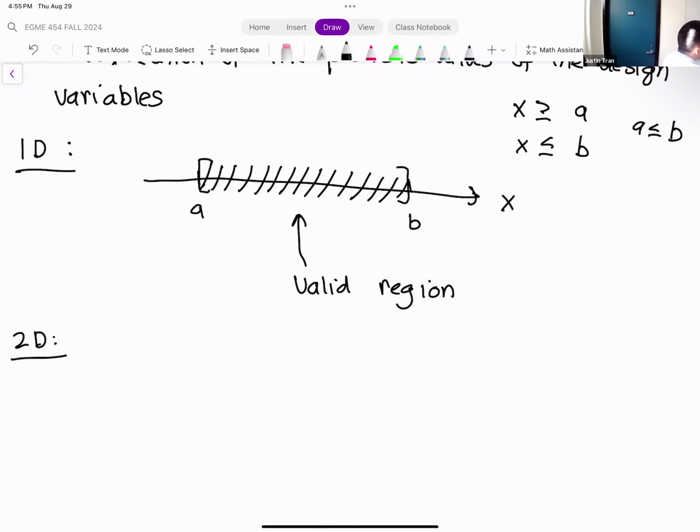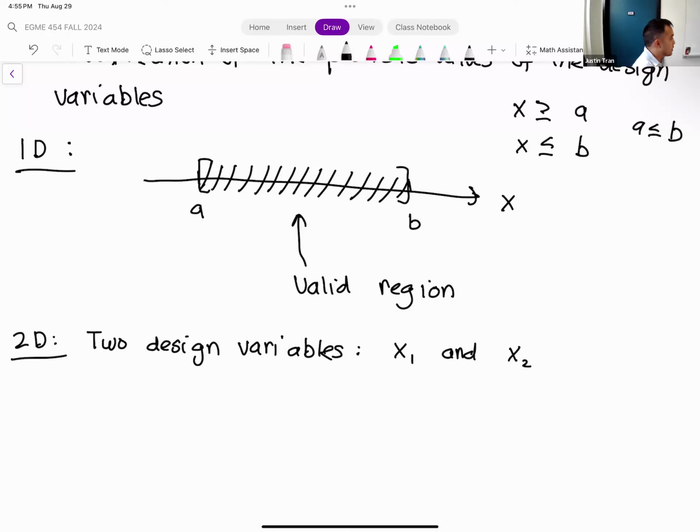But in 2D, it really becomes valuable. In 2D, remember, we have two design variables. We'll call them x1 and x2, just to keep things simple.